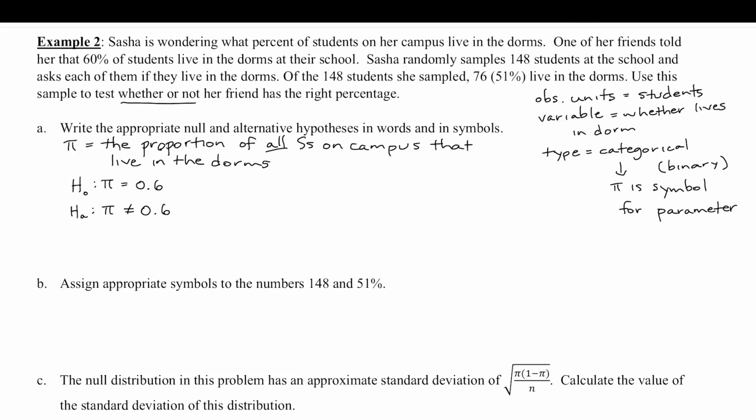Now, we're supposed to write this hypothesis in words and in symbols. I don't know if I have room for both, but this is one of the reasons why we like symbols, is because that little symbol pi stands for all those words that are written there. So the null hypothesis is that 60% of all students at Sasha's school live in the dorms.